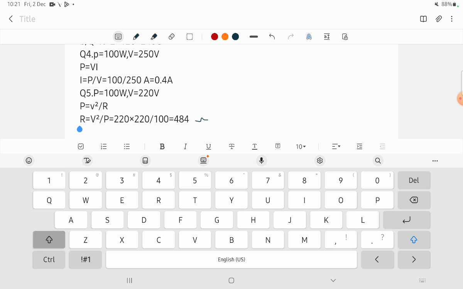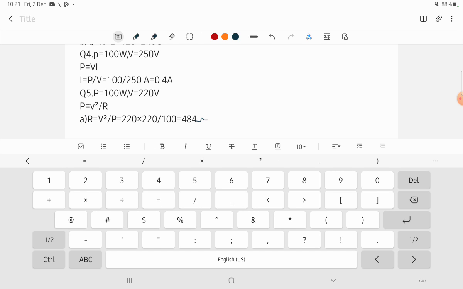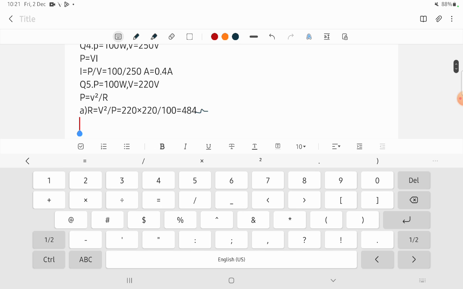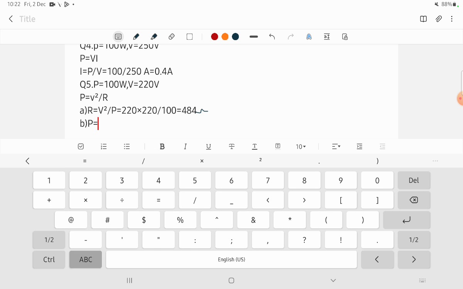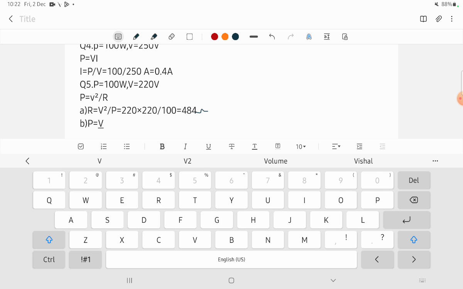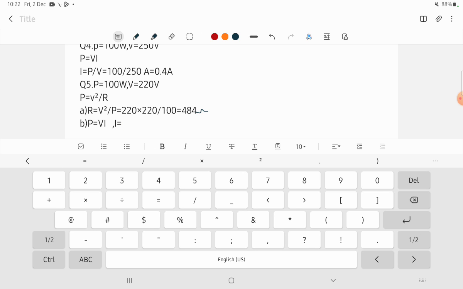So this is part A. Now part B. By using the formula P equals VI, you have to find out the safe current, that is I equals P by V.